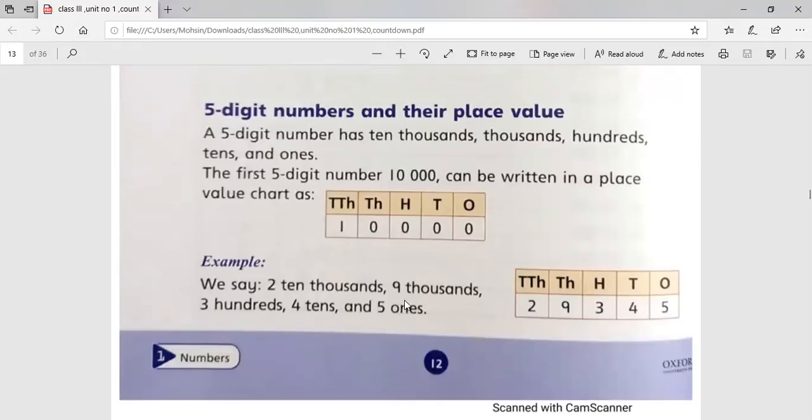So they write 9,000, then a comma, then hundreds. How many hundreds? 300. Then a comma, then tens. How many tens? Four tens. Then a comma. And for the last place value, how many ones? Five ones.